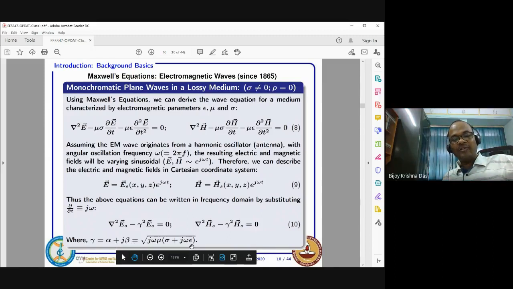But if your epsilon is complex now, then your beta will become complex. In this case, alpha is existing because of the sigma, and once alpha is non-zero, you see loss.